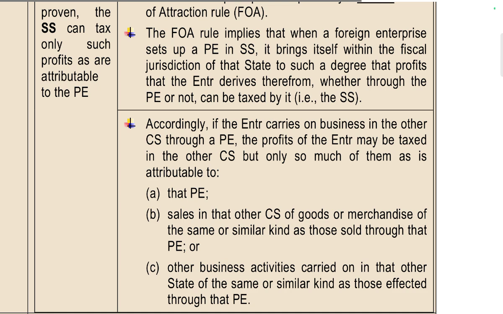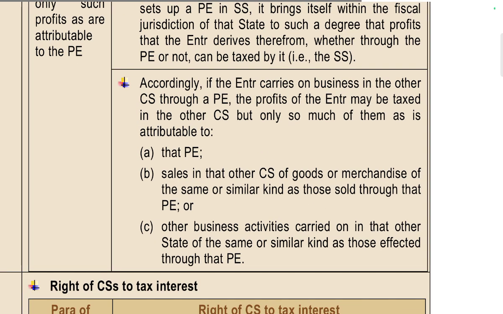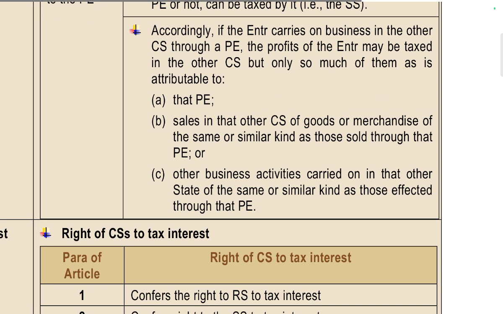Accordingly, where the enterprise carries on business in the other contracting state, the profits of the enterprise can be taxed in the other contracting state, including sales of goods or merchandise of the same or similar kind as those sold through the permanent establishment, and other business activities carried on in the other state of the same or similar kind as those effected through the PE.